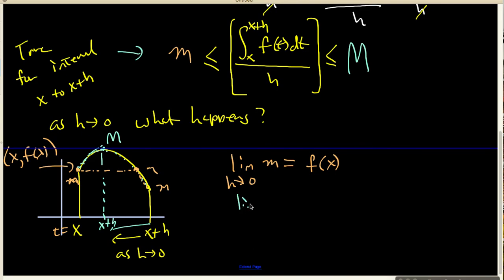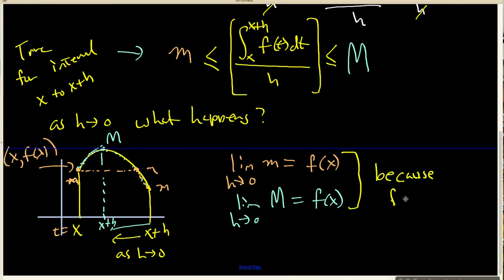So the limit as h goes to 0 of capital M is also equal to f of x. And it's important to realize that these two things are true because f is continuous at x.